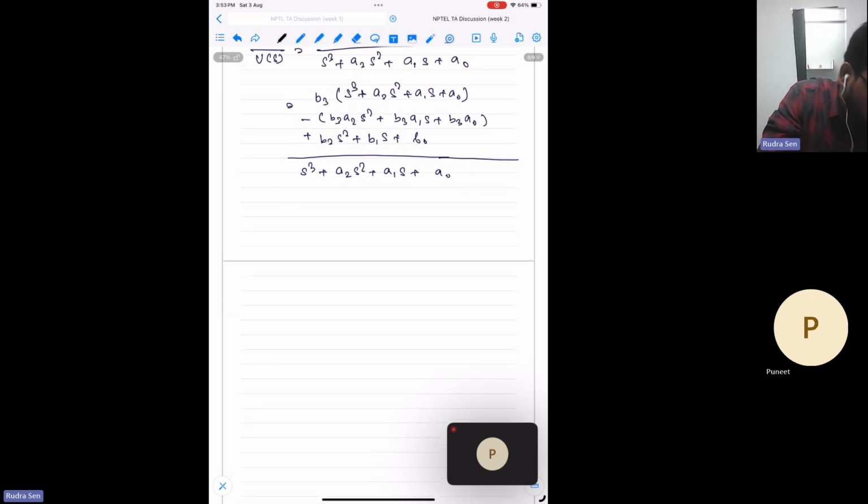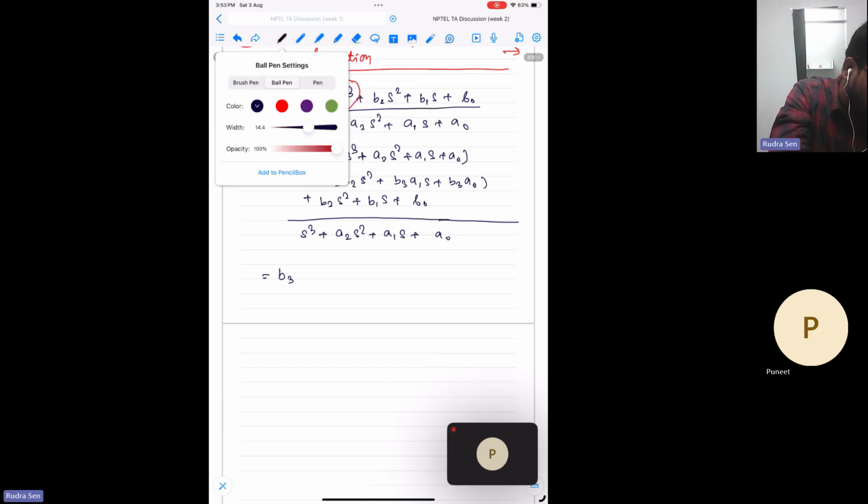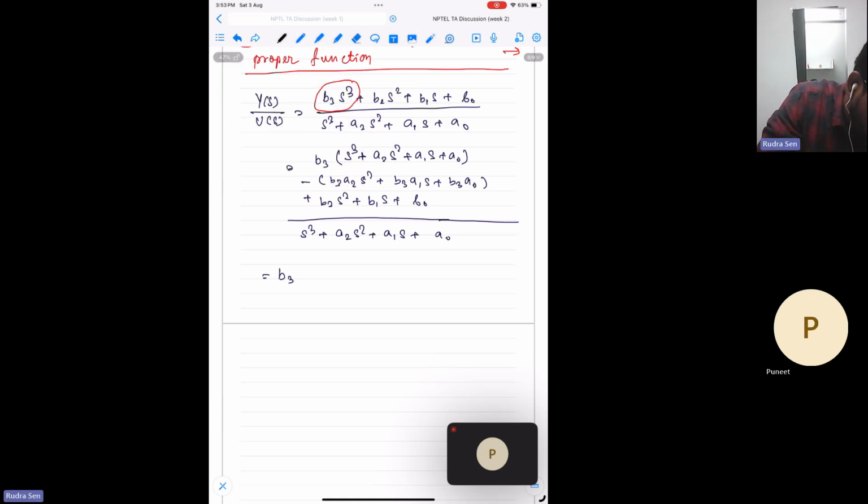In this manner we can separate the b3 term. Right now we have b3 plus b2 minus b3a2 s square plus b1 minus b3a1 s plus b naught minus b3a naught, whole divided by s cube plus a2 s square plus a1 s plus a naught.